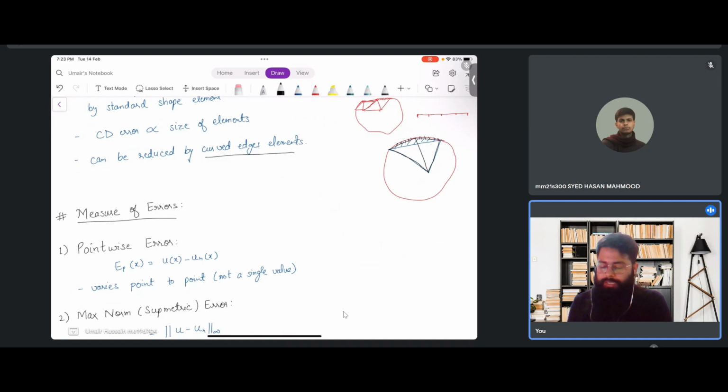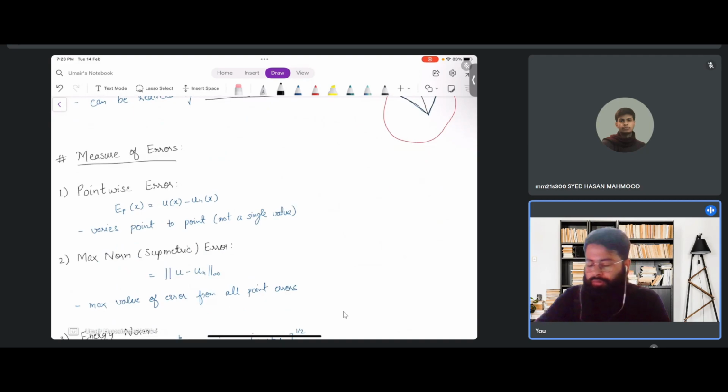In order to minimize them, we need to have a quantitative analysis of these errors. There are certain types of ways in which we define the quantities of these errors.